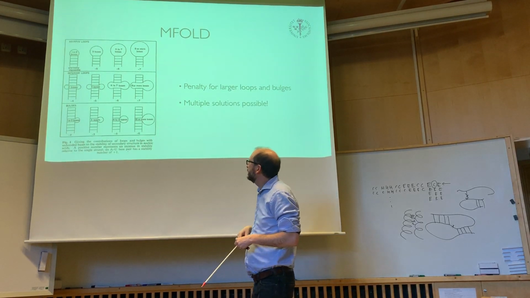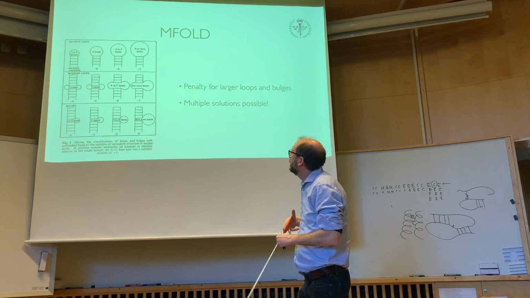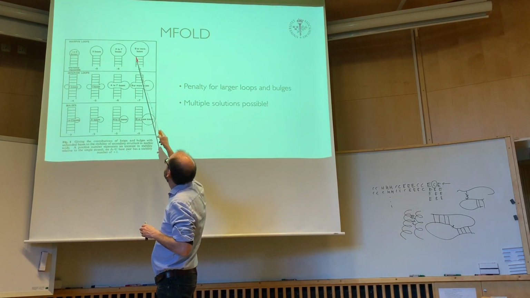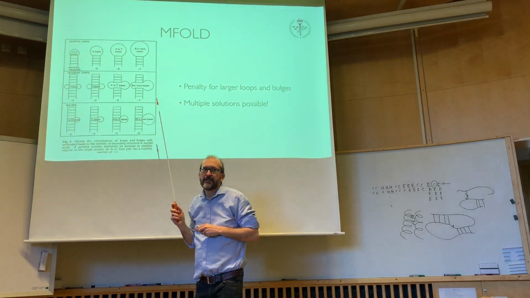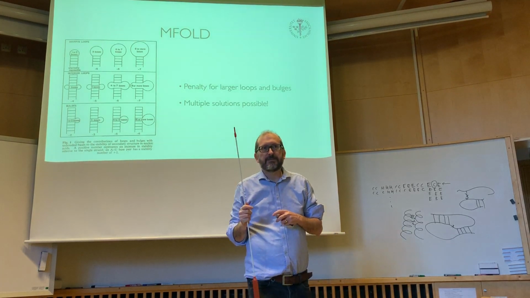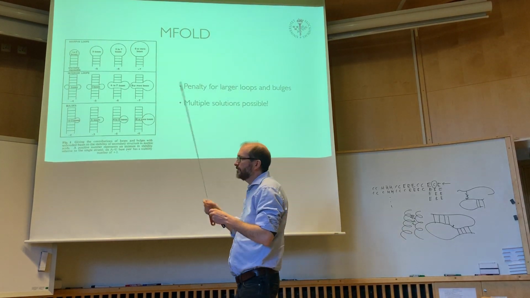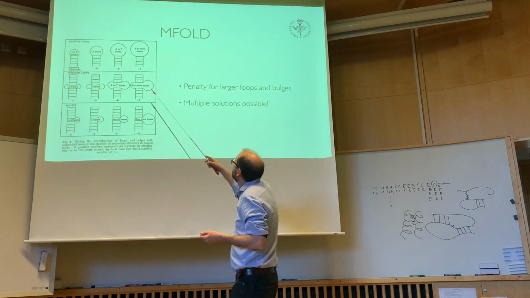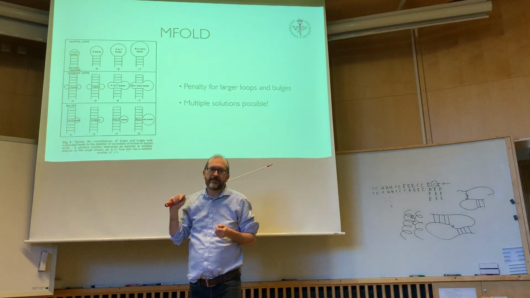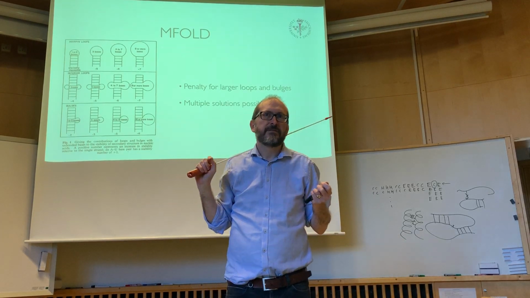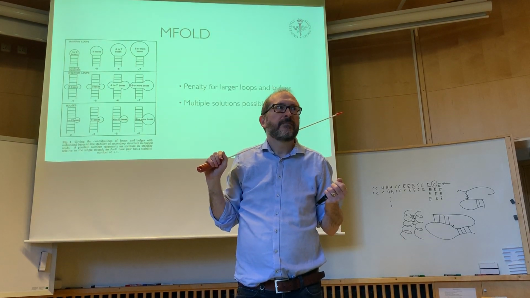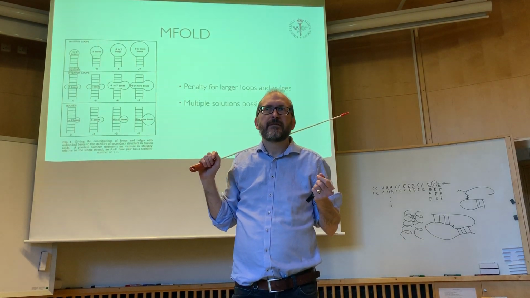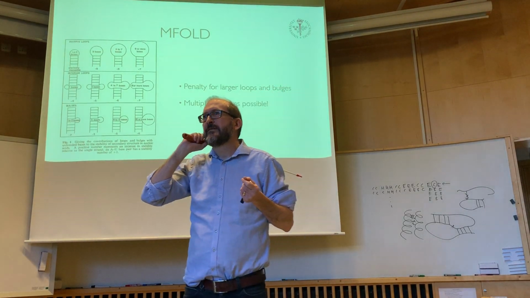And then, depending on how big the loop is, you're going to have to pay an entropic penalty, right? Because anytime you have some freedom and you take it away, that has a free energy cost. So what's more costly, closing a little loop or closing a big loop? What do you think?